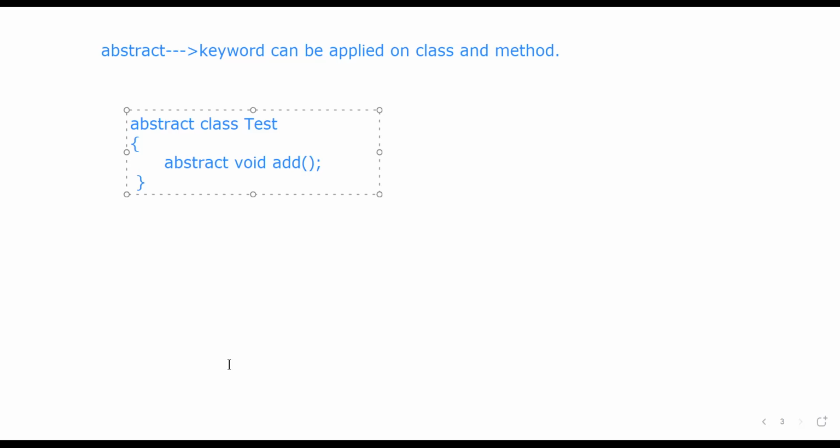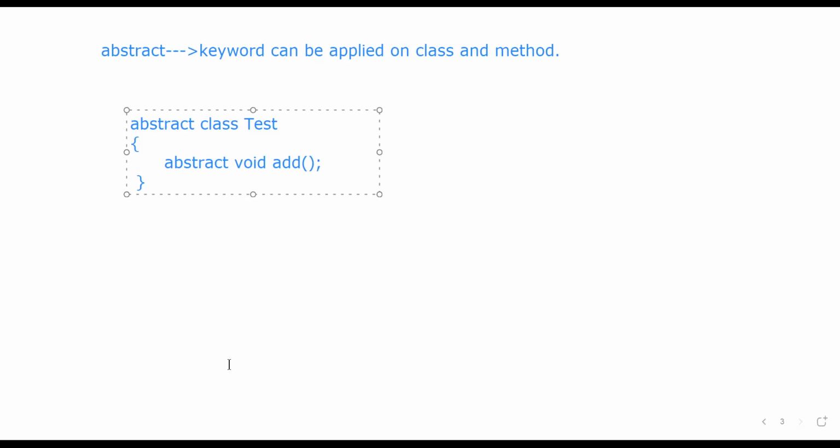Full stop. If we try to create an object for an abstract class, we will get an error saying, in double quotes you write down, "cannot instantiate the type class name."